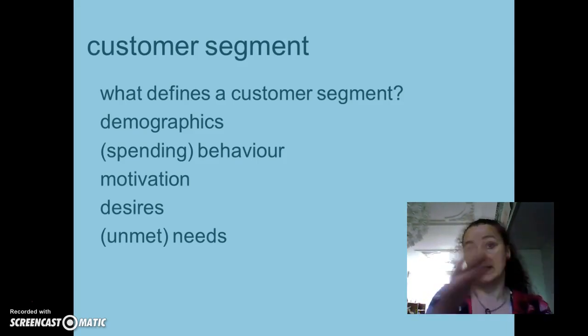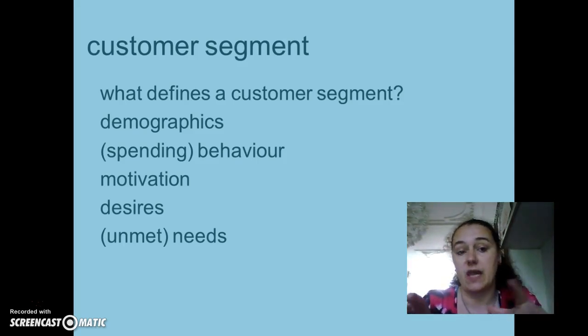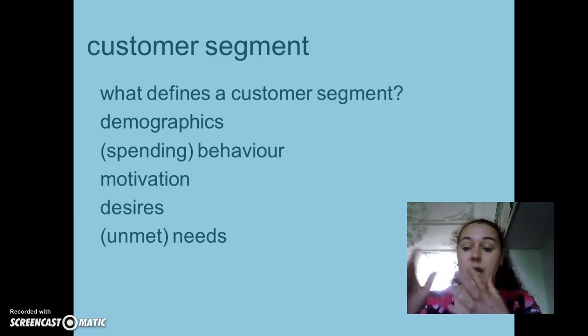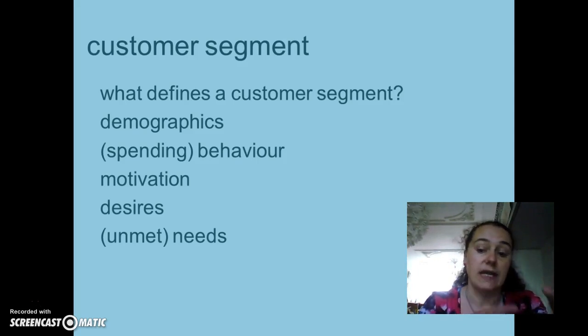If you can identify people who have a certain behavior, that can be your customer segment. Motivation, people who have a certain motivation for entertainment, but also people who have a certain motivation for education, can be a specific customer segment.